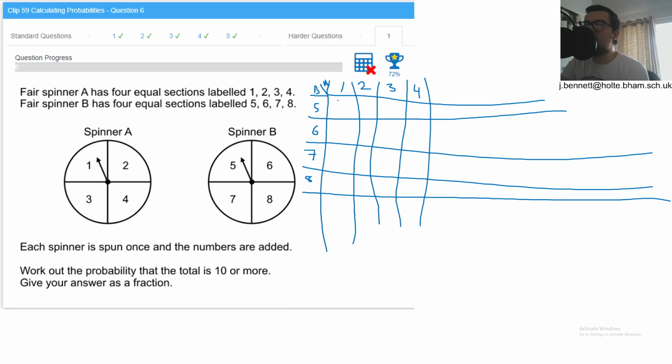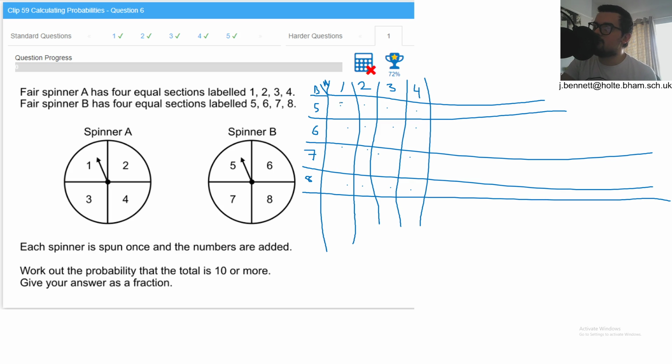And each one of these boxes here represents an outcome, and then we add our outcome together. So we have all these boxes. So we could have 1 and 5. We could have 1 and 7. We could have 3 and 7. We could have 4 and 6. And we're looking to add them all up and see how many of them get 10 or more.